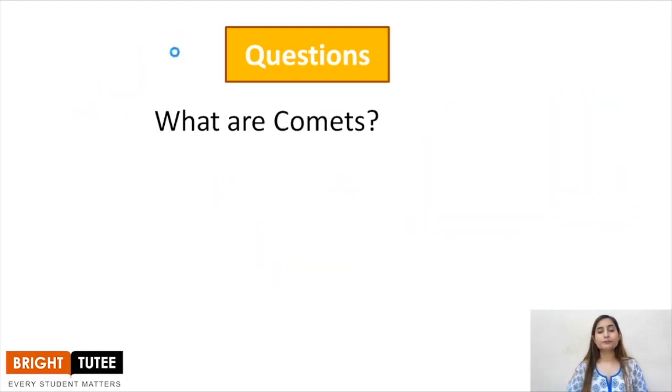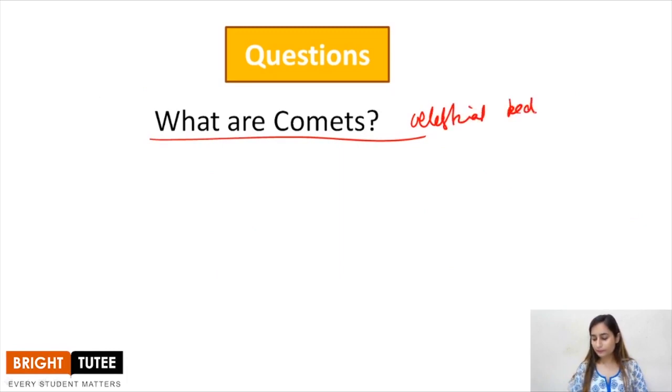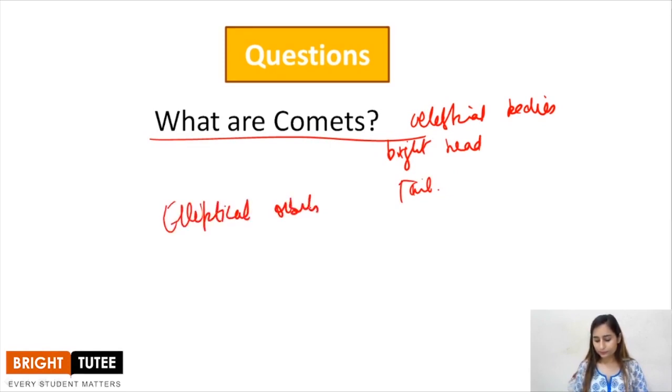Right, now what are comets? Comets are another celestial bodies which have a bright head and a tail. Right, they revolve in elliptical orbits around the sun. They have elliptical orbits such as in this shape.